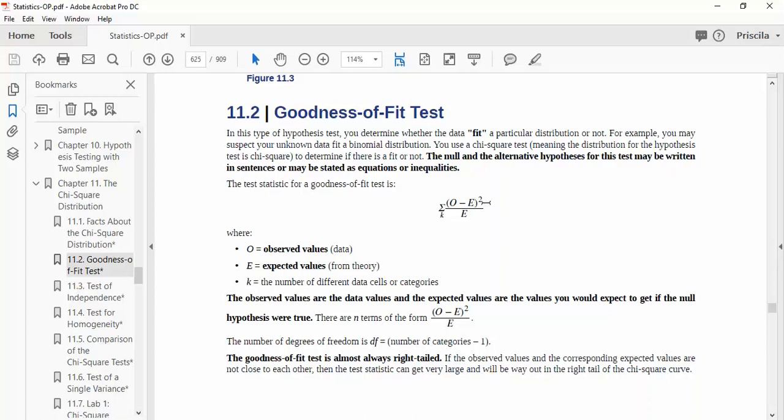That's how we're going to calculate everything to get to your chi-square test statistic, and then from there we can calculate the p-value and compare it to the alpha, just like in hypothesis testing, and see whether we reject or fail to reject the null hypothesis. The goodness of fit test is almost always right tail. This is very important. So when I use the formula in Excel, I'm going to use it for the right tail.